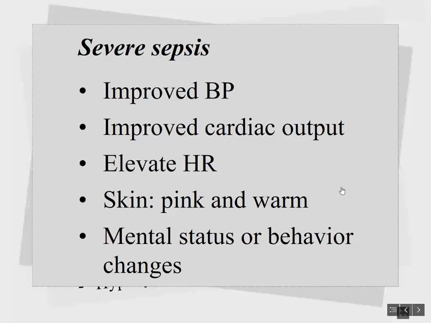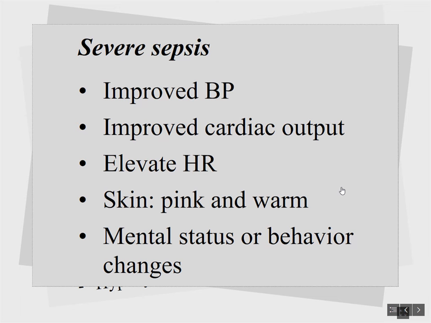Now in severe sepsis, so this is the next stage. We've gone from this early sepsis, systemic inflammatory response, to severe sepsis. Now, don't be fooled by severe sepsis, because your patient may actually look a little bit better for a minute, okay? Their blood pressure may start to improve.